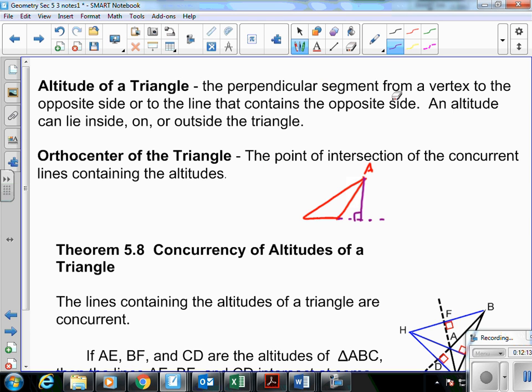So that's why it says from the vertex to the opposite side or the line containing the opposite side. Because it's possible we may have to extend that side opposite the vertex in order to create a perpendicular line going from the vertex to that side. So the orthocenter is going to be the point of concurrency for all of the altitudes.